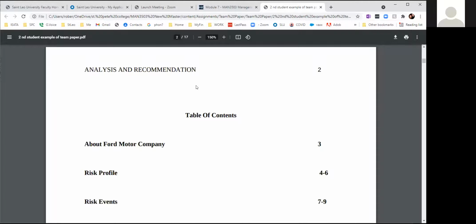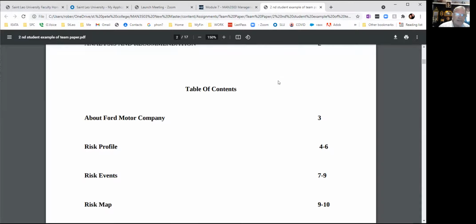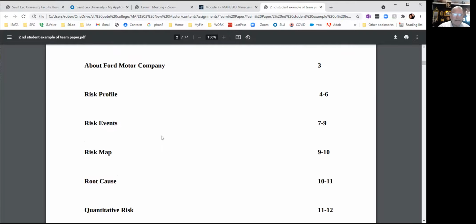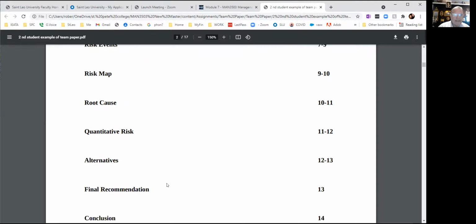Yes. Okay, this is an excellent example because you can see the progression of the process, which starts at risk profile, then they identify the risk events, then they develop a risk map, and from there they do their root cause analysis, and then they quantified the magnitude of the risk.